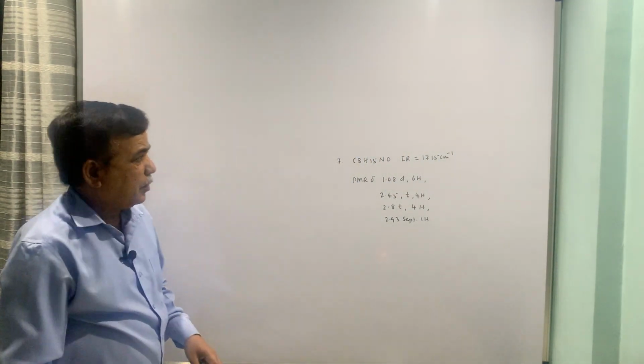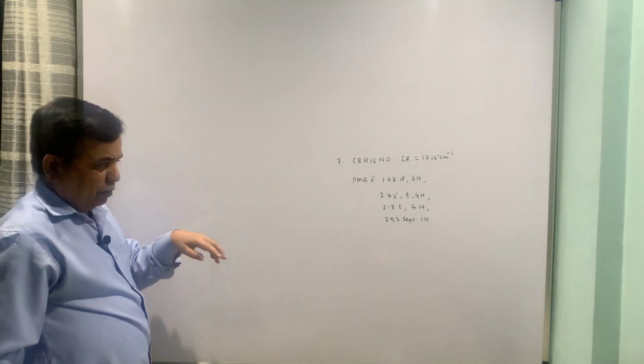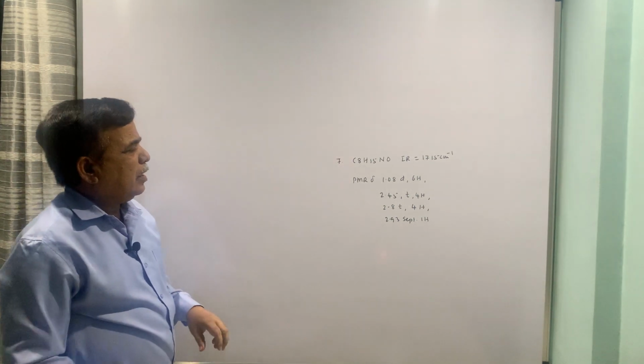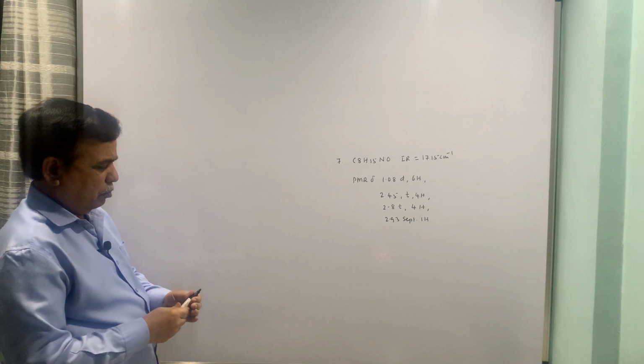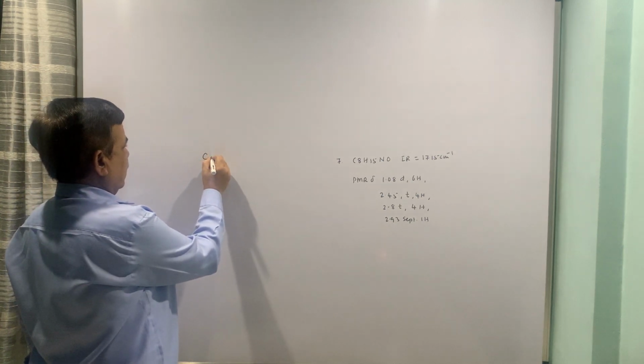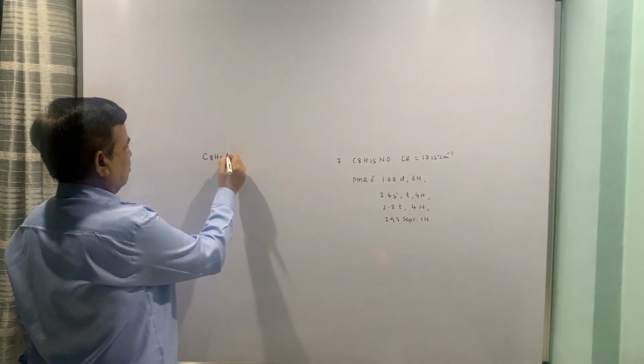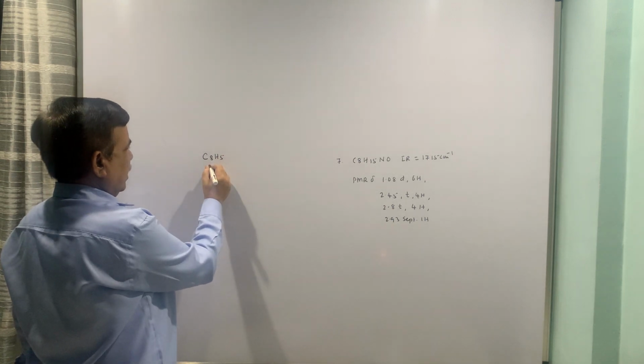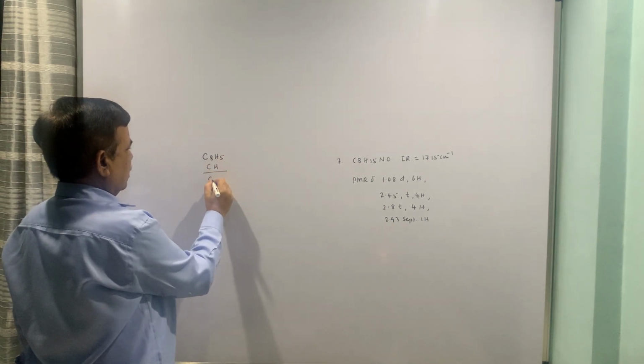One more example is there, C8H15NO. So first starting with the oxygen we are neglecting, so I am not putting oxygen.